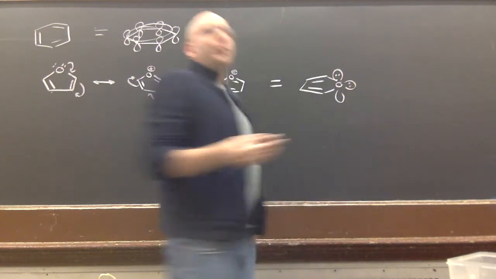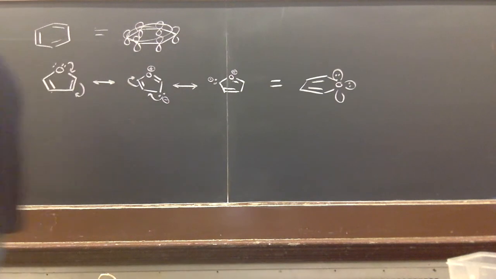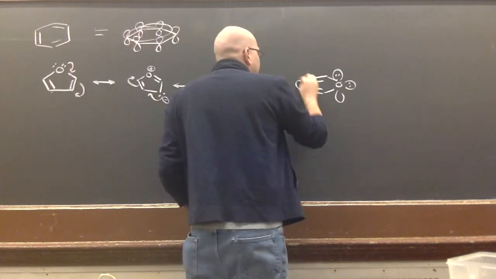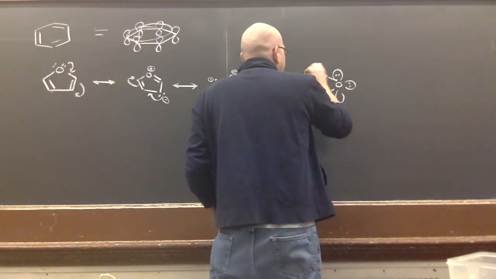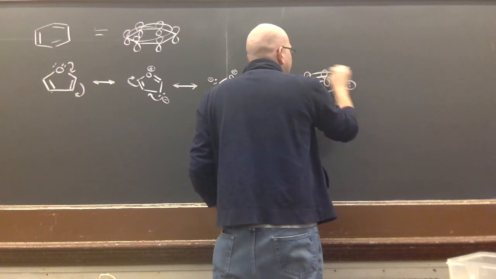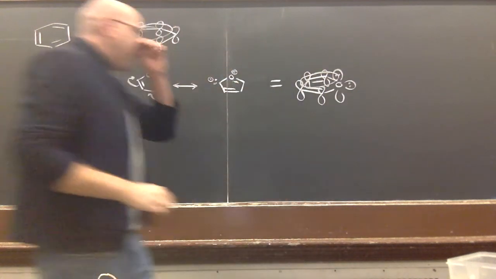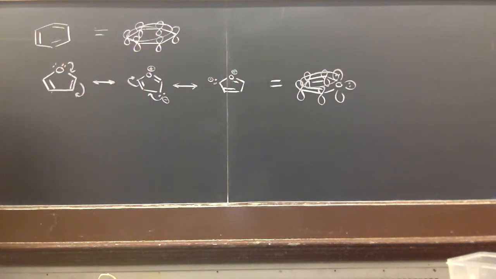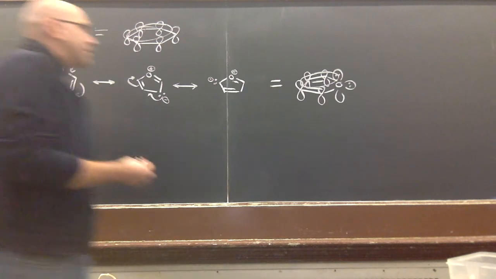One of those lone pairs adopts p orbital character. This kind of diagram helps illustrate why this is aromatic, how those orbitals all interact with one another, and how there are 6 electrons in this system. That is important.